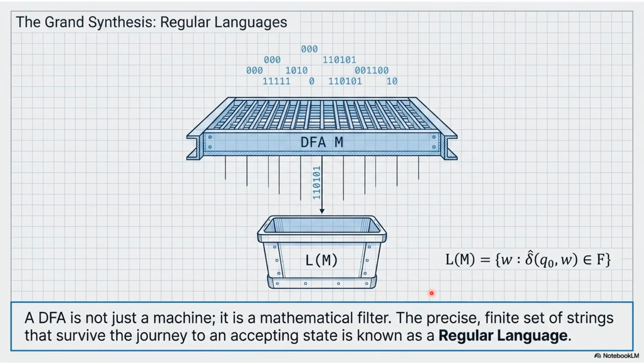Here we represent the language L of M as the set of strings w such that del cap of q naught comma w belongs to the final state. Del cap means the extended function, which processes the entire string. If it reaches the final state, then the string is accepted by the DFA, right? So that particular string belongs to the regular language. Okay, thank you.